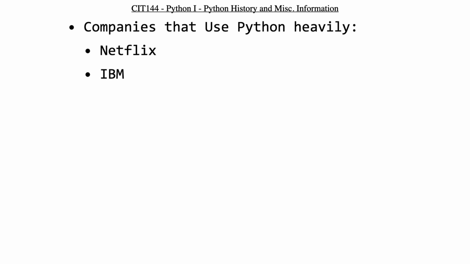IBM, particularly in their Watson environment, uses Python heavily. Facebook, of course, is going to be heavy in things like PHP because it is a web platform, but they consider Python to be one of their, I think, 3 primary programming languages that they use.